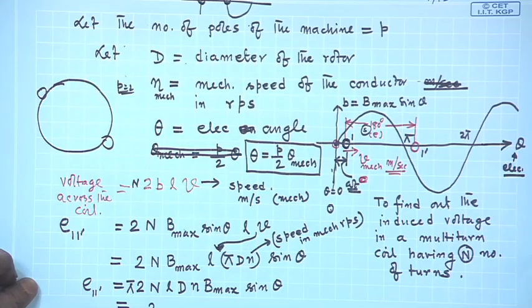So, let me further write it, 2 pi n L d small n B max sin theta. Theta is in electrical radians. Fine.